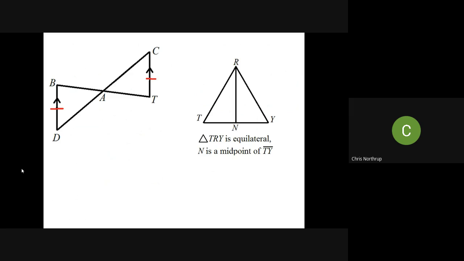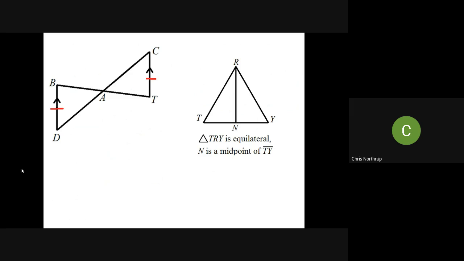If you wanted to, you could also look at the angles with vertex A, BAD and CAT. Those two angles, along with another angle pair, could give you angle, angle, side. And in fact, anytime you use angle, side, angle, you could also use angle, angle, side. The goal is to use whichever one is easiest or quickest in every situation.